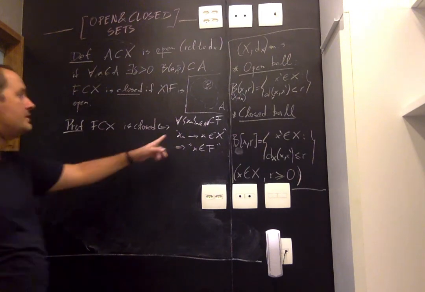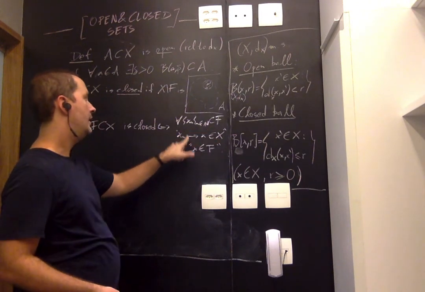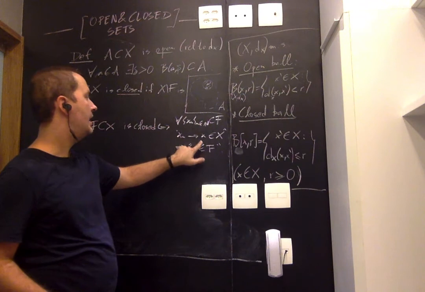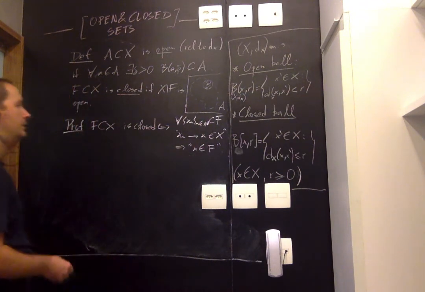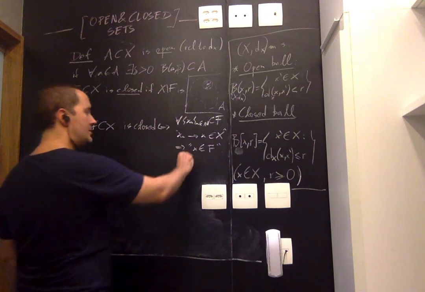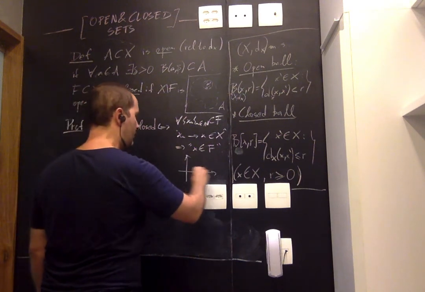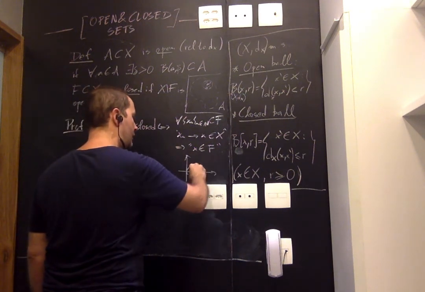So any sequence that's contained in F and converges has to have its limit inside of F, right?